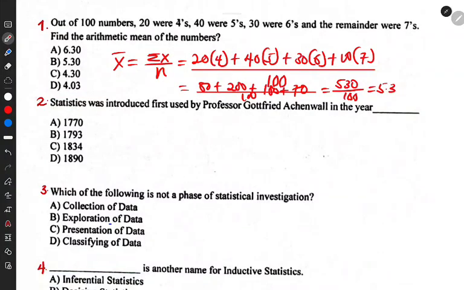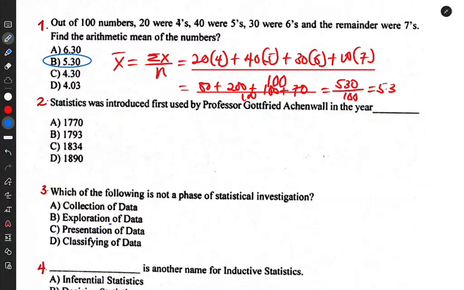So that's going to be option B. So you just have to shade option B, or circle it, something like that. Get it and you are good to go. So that is option B.